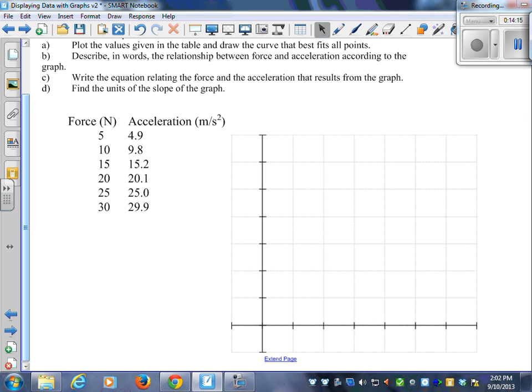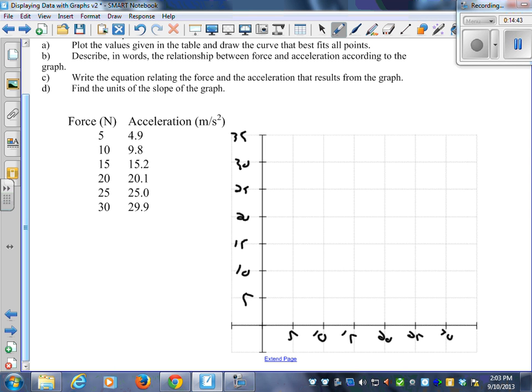All right. So let's graph it, I guess, right? Do you have to go by the same amount across the bottom as you do up the side?